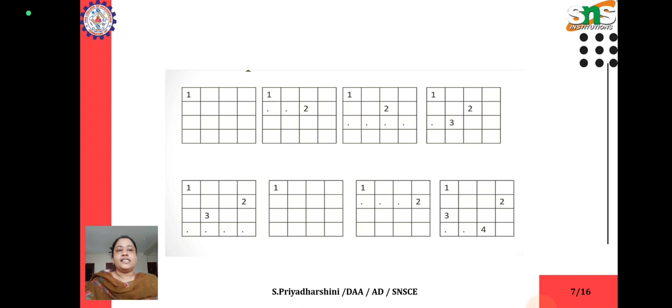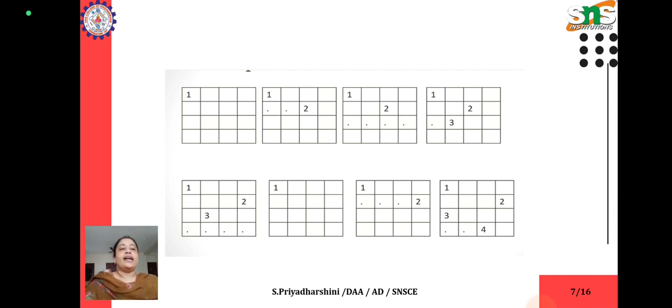If we place queen 2 in the second row, third column, then there is no solution for queen 3, since the bounding function does not allow queen 3 to be placed in any of the columns of row 3. So what shall we do? We have to backtrack.